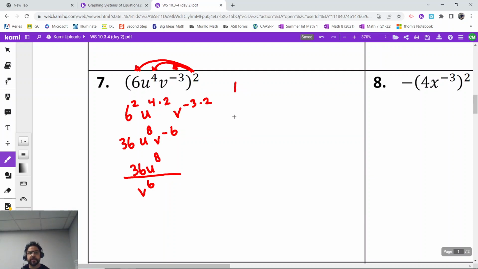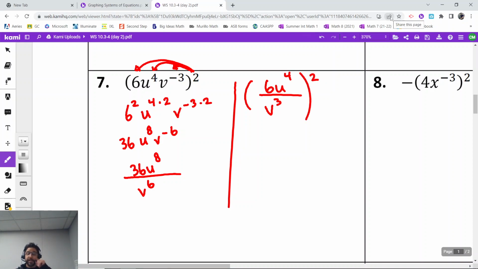All right, option number 2 would be changing it in its initial problem. So you're going to make a fraction. You've got 6 u to the 4th power as the numerator. The v would move to the denominator and now have a positive exponent. And then you would have an outside exponent of 2. So still, we're going to distribute that exponent.